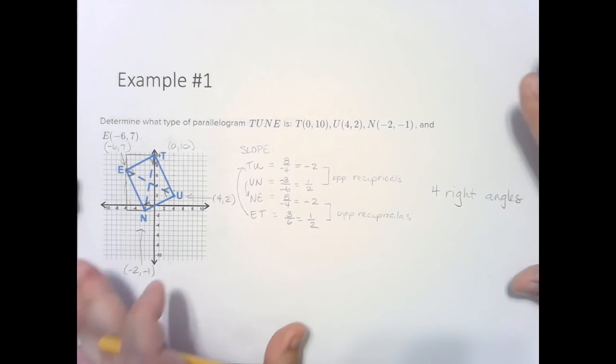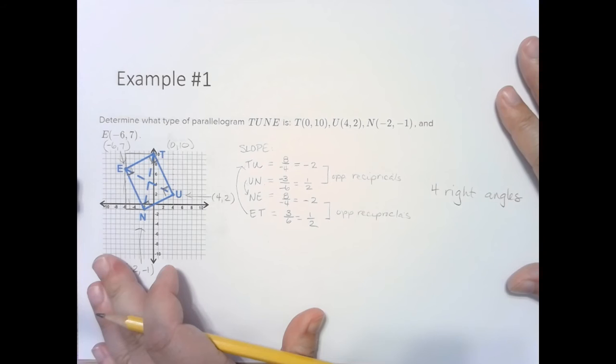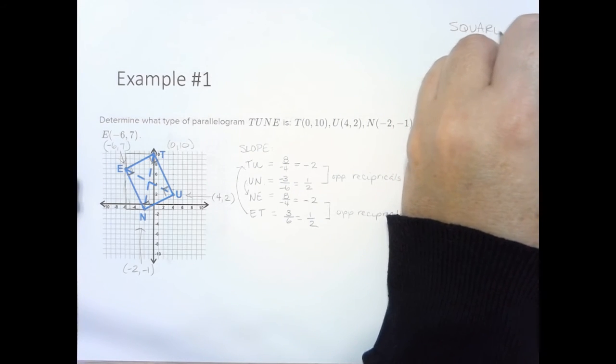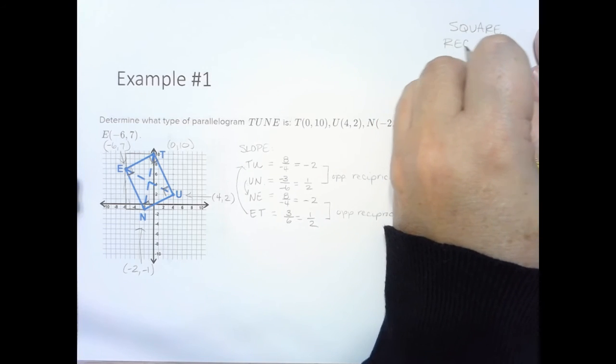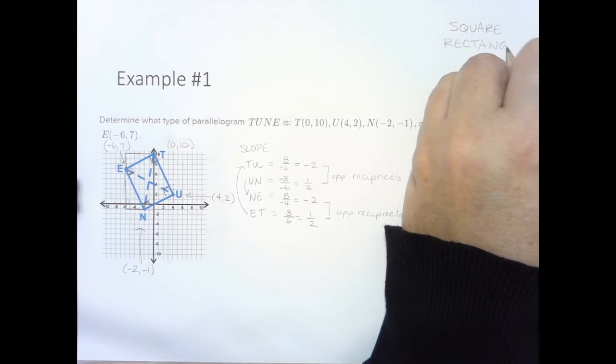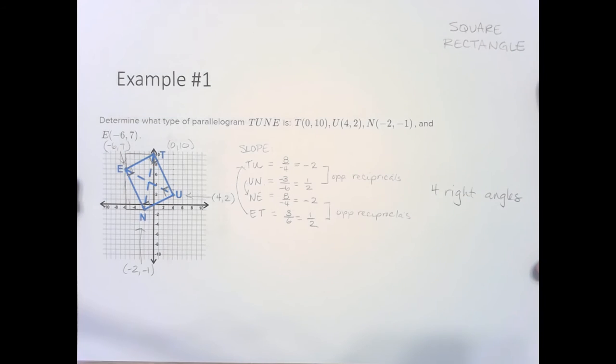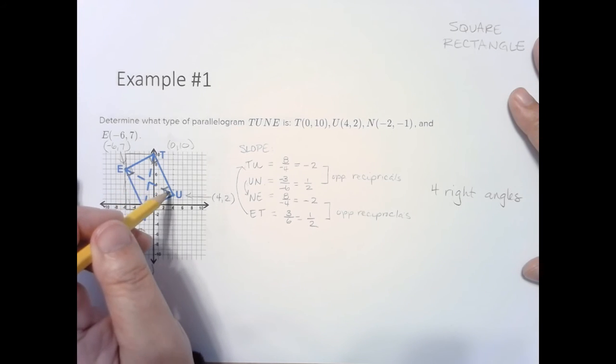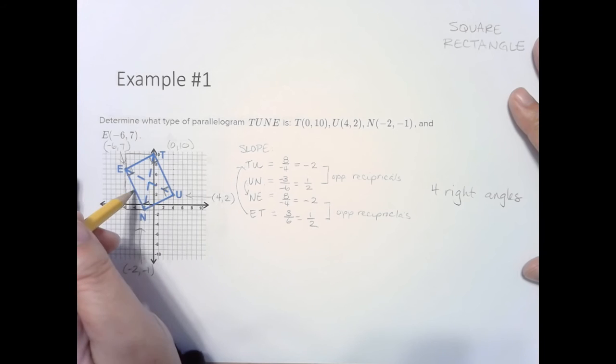Okay, so because I have 4 right angles, I know now that I'm dealing with a square or a rectangle. So what I now need to do is determine if opposite sides are the same length.